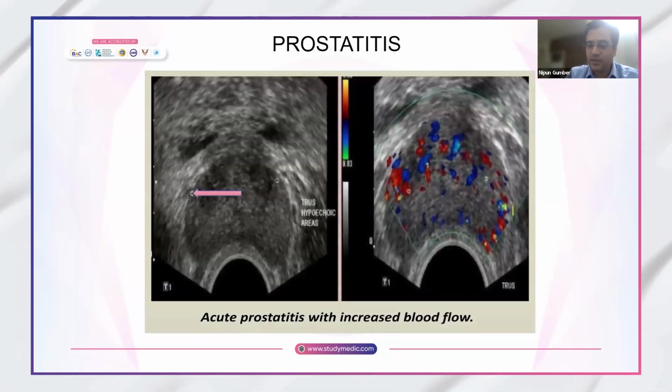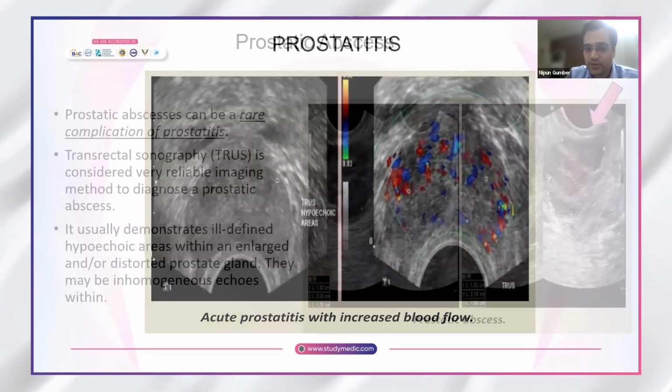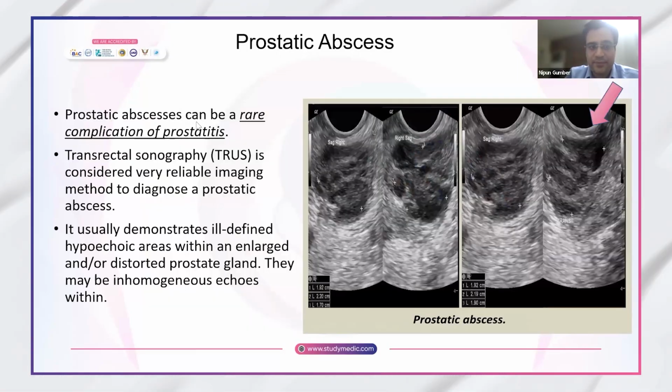I will just share some insight about the pathologies. Prostatitis: on ultrasound you can see that the prostate is enlarged and appears heterogeneous in echotexture with increased vascularity on color Doppler, suggestive of prostatitis. Prostatic abscess can be a rare complication of prostatitis.